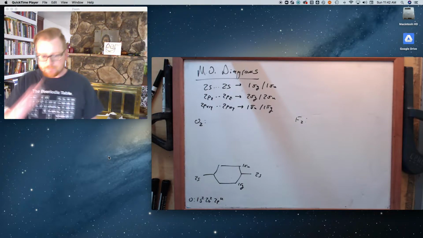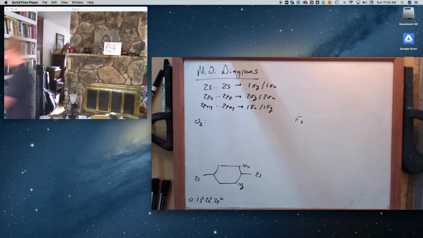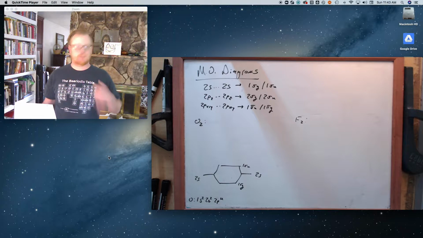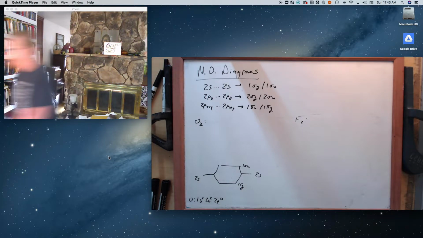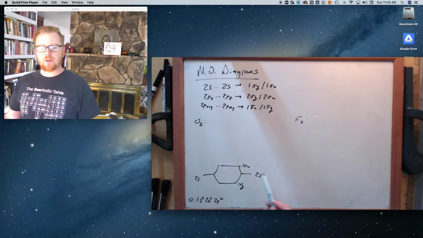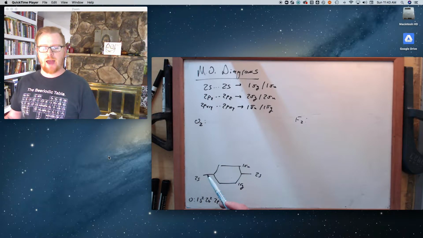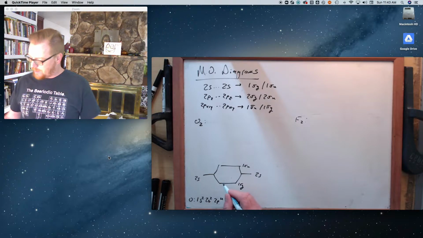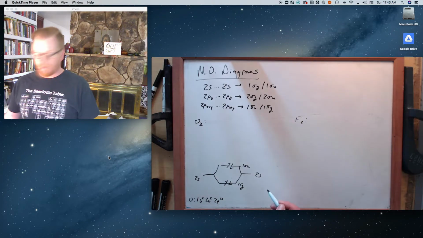Each one of these refers to each oxygen atom, right? So we have 2s electrons for each oxygen atom. So that's 4 electrons in total, right? So I'm going to have 1, 2, 3, 4. So that level is all filled out.